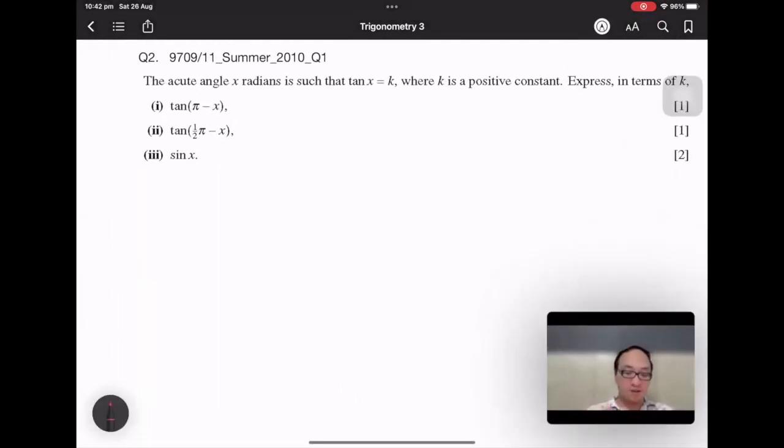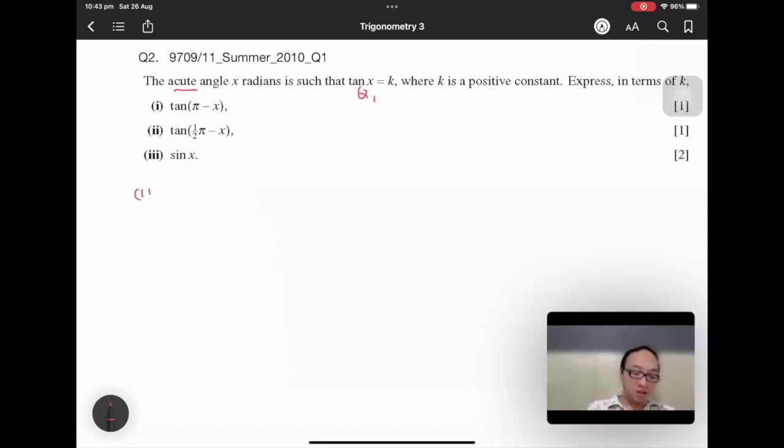Two, the acute angle x radians is such that tangent x equals k, where k is a positive constant. Express in terms of k, the tangent of pi minus x. So we know that x is acute, so it's in the first quadrant.